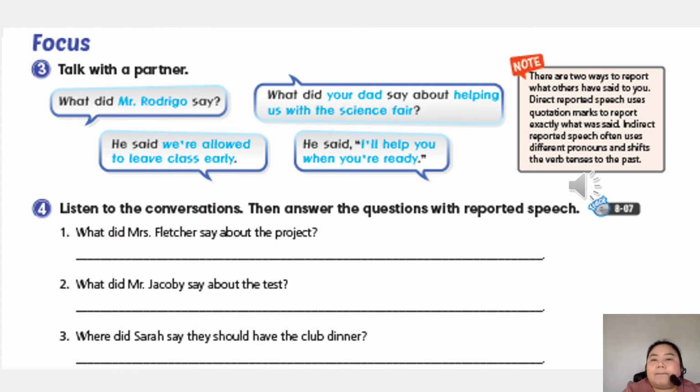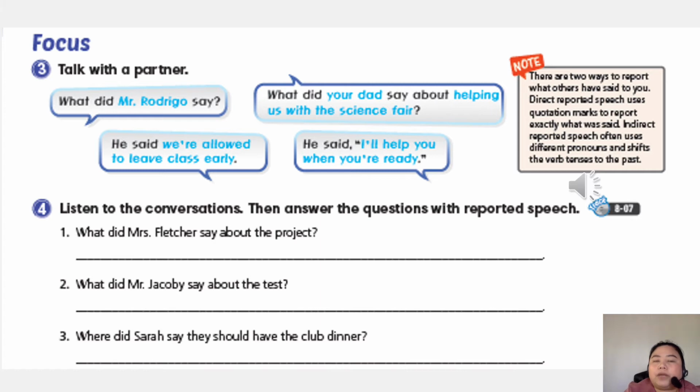Direct speech means the speaker is speaking to the listener. So we have the commas, we have the quotation marks. But indirect speech means you listen and then you tell your friends what the teacher said. Oh, he said we. But direct reported speech will be like he said, comma, you are allowed to leave class early.